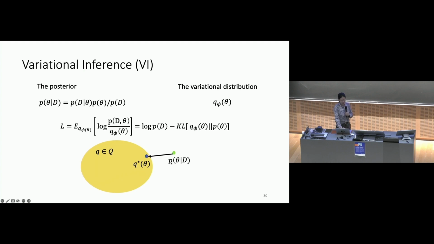Because the posterior is definitely outside of this simple distribution set, we are going to find the best projection of the posterior onto this simpler distribution set. The way you define this projection is by minimizing the KL divergence, which is equivalent to maximizing the ELBO. In some papers, this minimizing KL procedure is also called information projection.